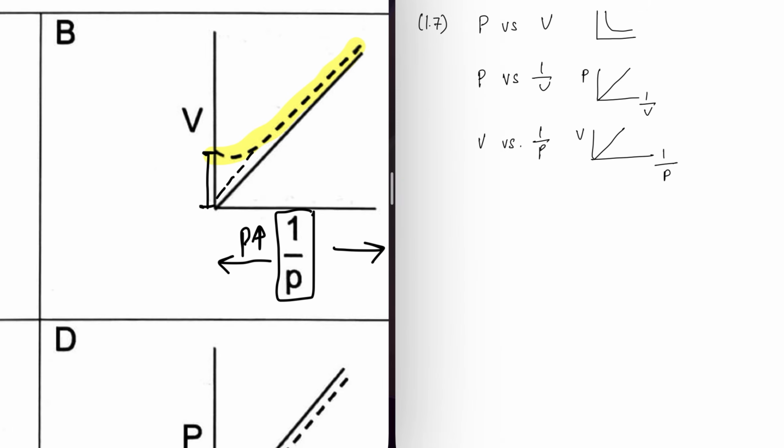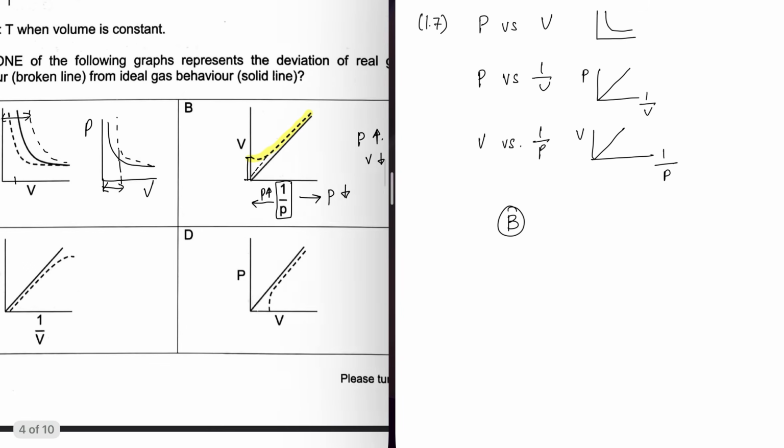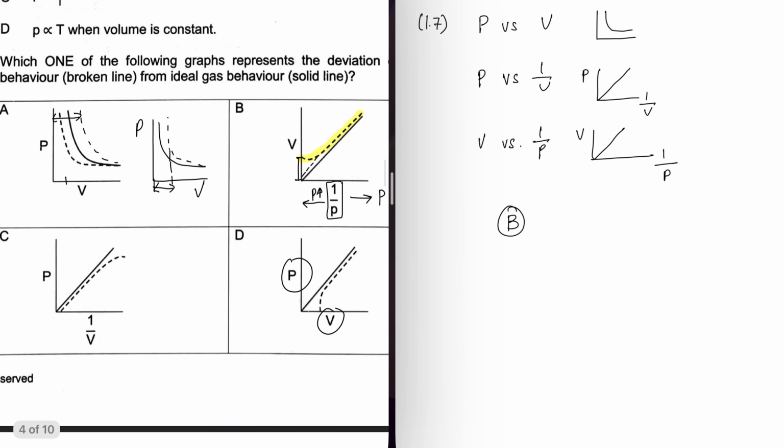It can't, because the molecules themselves have a volume. They occupy space. And so there has to be that deviation. So the answer then is going to be B. You can look at D. D is completely wrong, because P and V should not look like that anyway.